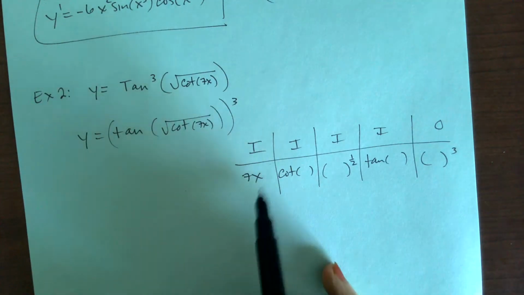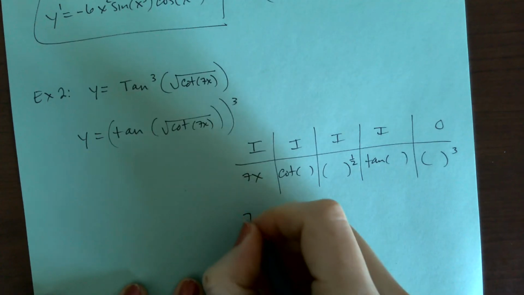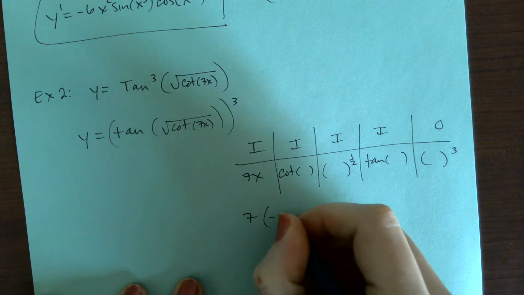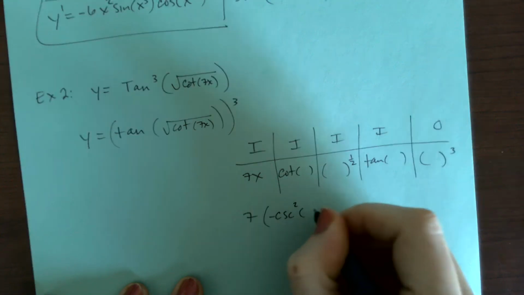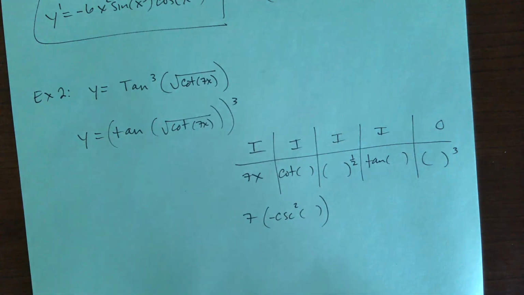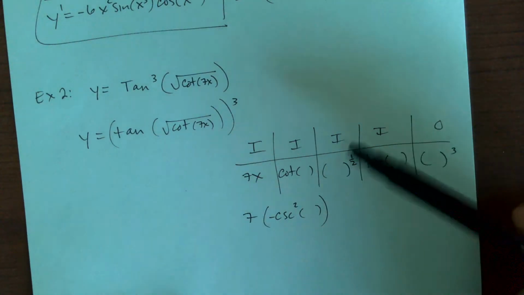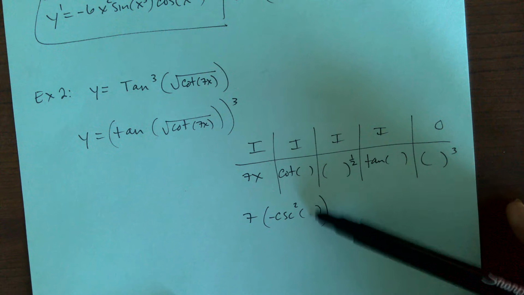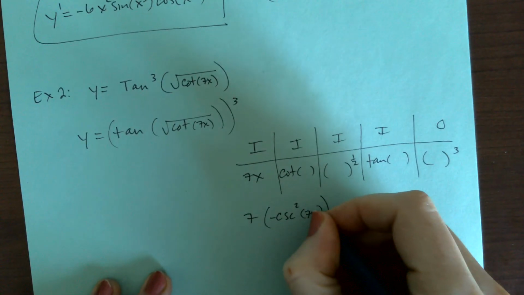All right, so what's the derivative of 7x? It's 7. What's the derivative of cotangent? It's negative cosecant squared of blank. But these blanks have to be the same. Whatever was in this blank goes in this blank. So it was a 7x.